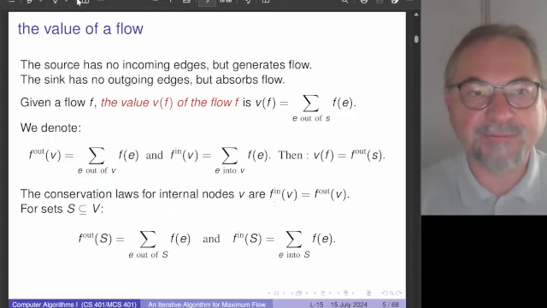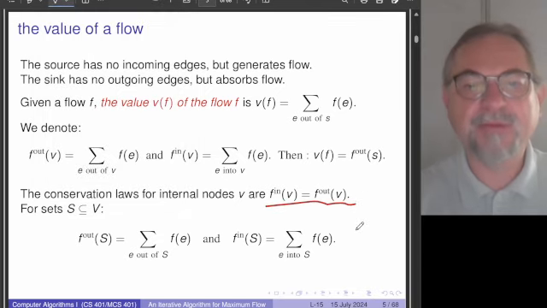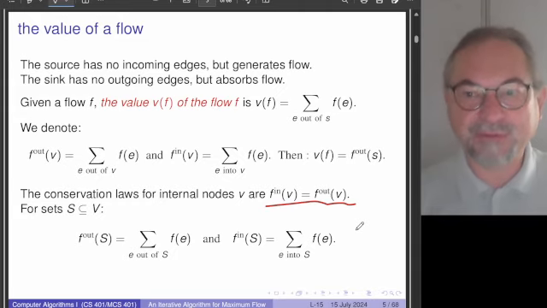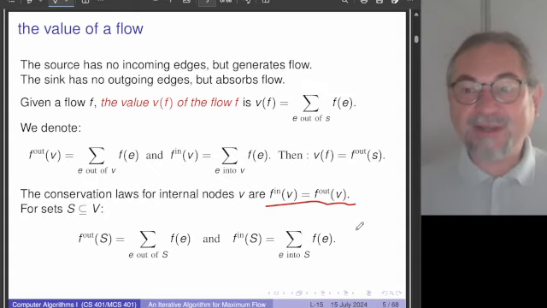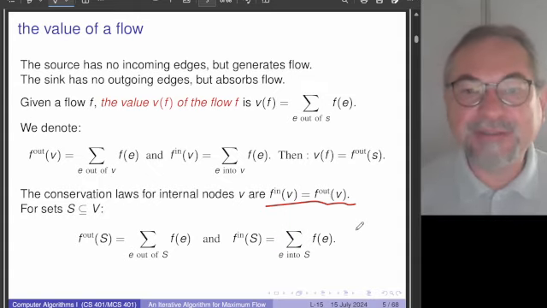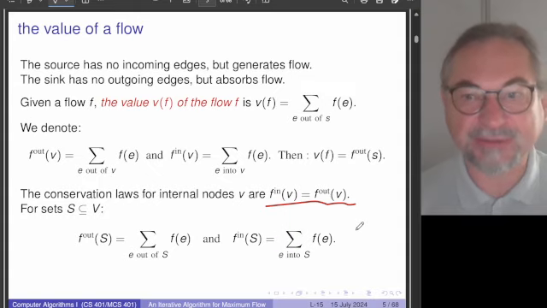By the conservation law, what comes into a vertex is the same as what goes out. We can also define this for a set of nodes, or essentially a set of edges.